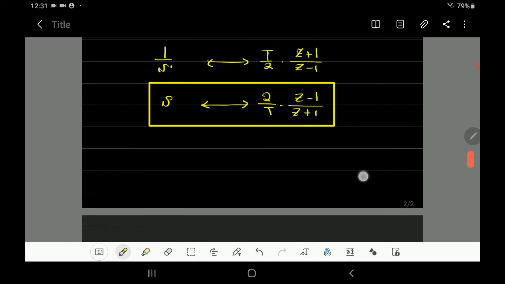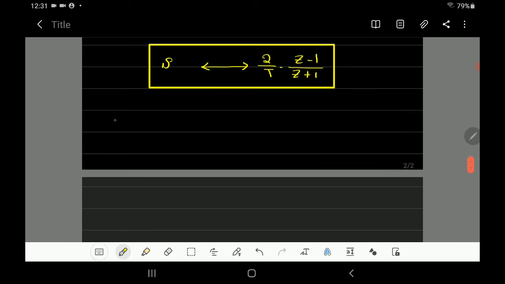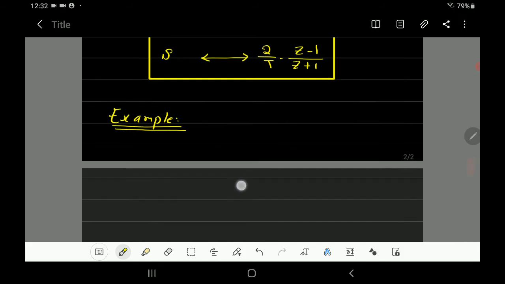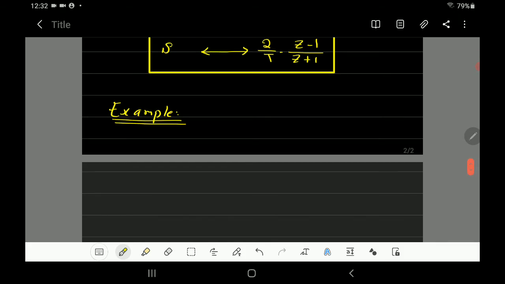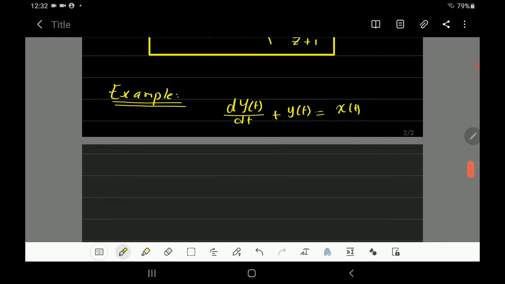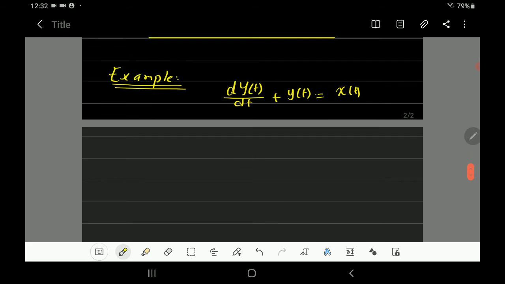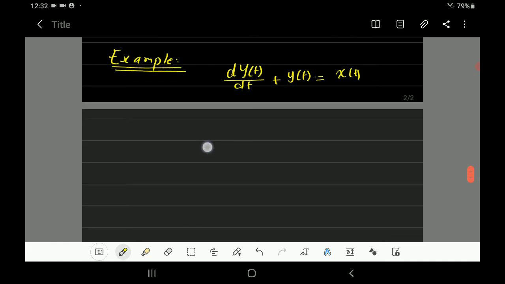Let's take a simple example. Let's say we have a system, and the system is described by the differential equation dy by dt plus y equal to x(t), and we need to find the system function in the z domain. So let's first find the transfer function in the s domain.